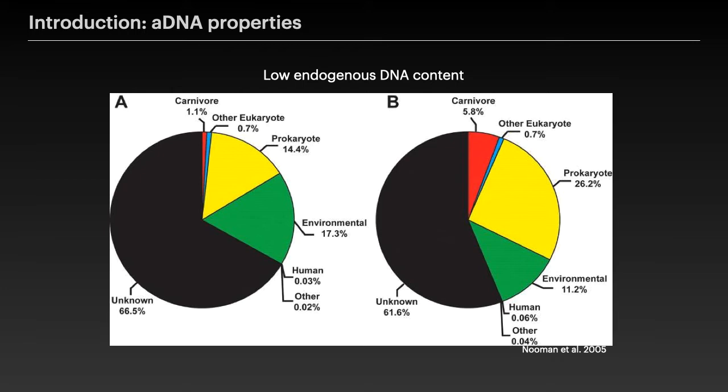So we usually find between 1 and, in the best cases, like 6%. Of course, there are exceptions to this, like some from the permafrost region can give much higher endogenous content values, but everything else is pretty much contaminants, from microbes to humans to who knows what. So this is basically the most usual case in the samples that we deal with.